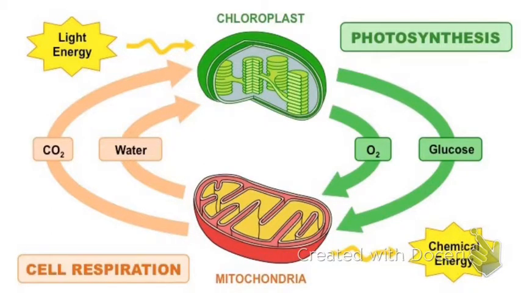Here in cell respiration, into the mitochondria comes glucose and oxygen. Out comes energy in the form of ATP, and then CO2 and water. That CO2 and water gets reused in photosynthesis, where it goes in along with light energy, and then you produce oxygen and glucose.